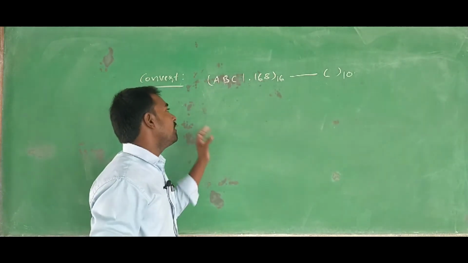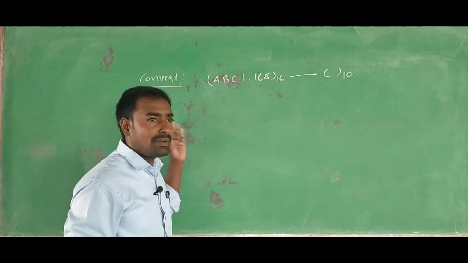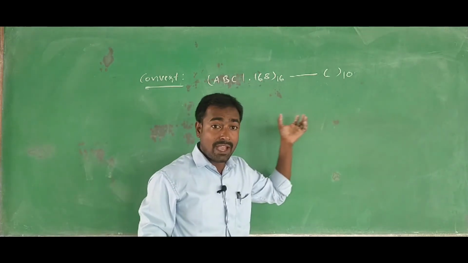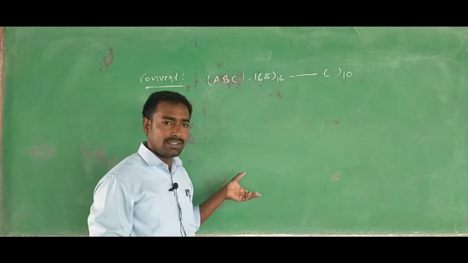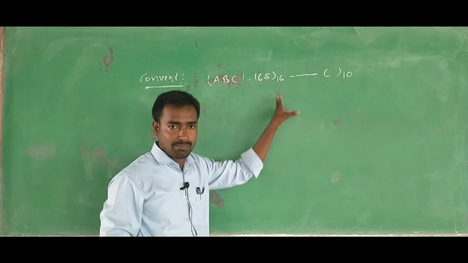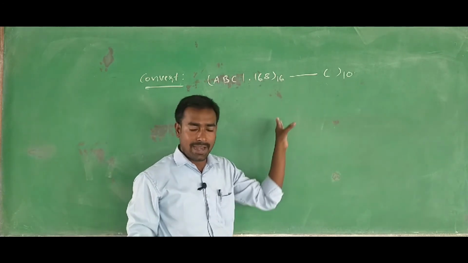See, when we are converting any number into the decimal number, we have to multiply each digit with the particular base, or radix point.